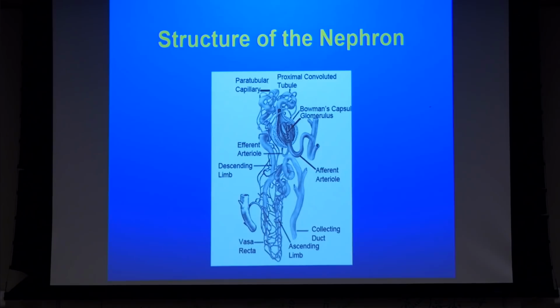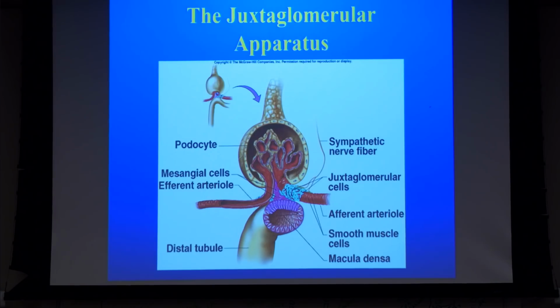In the next image, let me show you this because it's a much prettier picture than what I had on the board, but it's the same idea, where this is the distal convoluted tubule. This is the macula densa cell. It's tucked in between the afferent arteriole and the efferent arteriole.